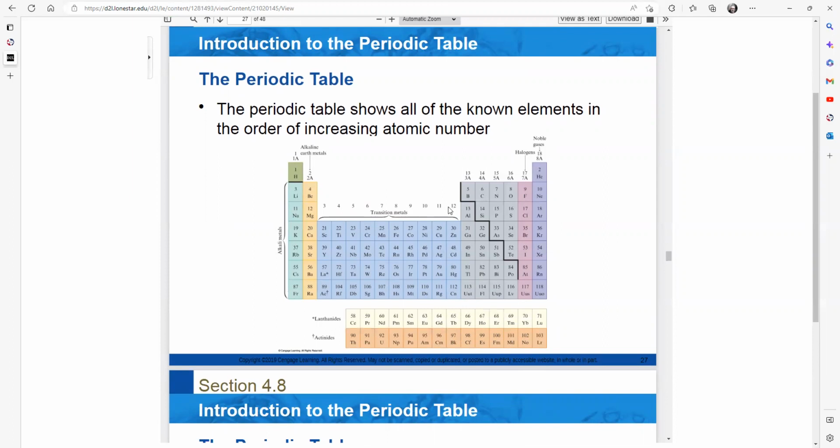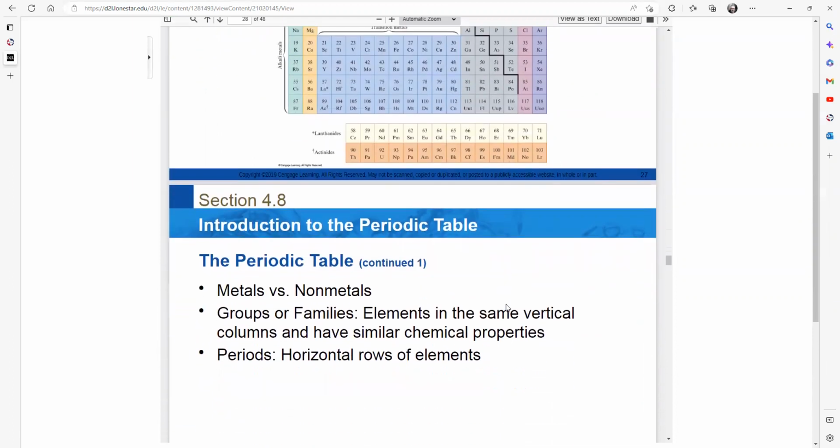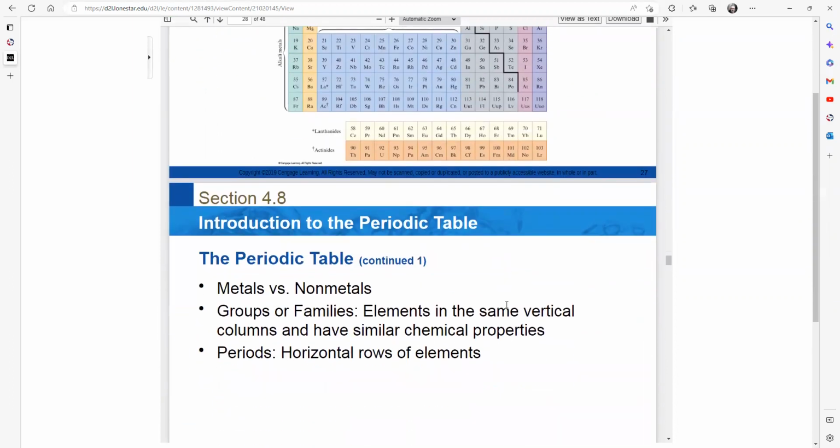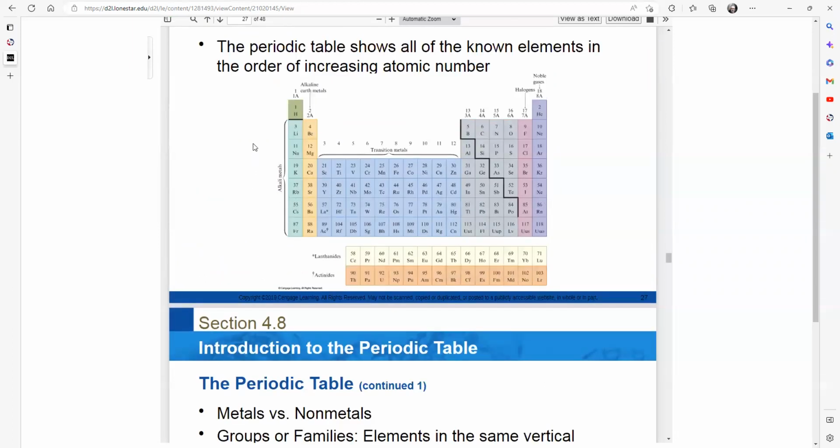If you continue studying the periodic table, you can see that you have groups. The groups are the columns, okay? And the periods are the rows. But you can also divide the periodic table into families. First of all, this zigzag line divides the non-metals to the right from the metals to the left.